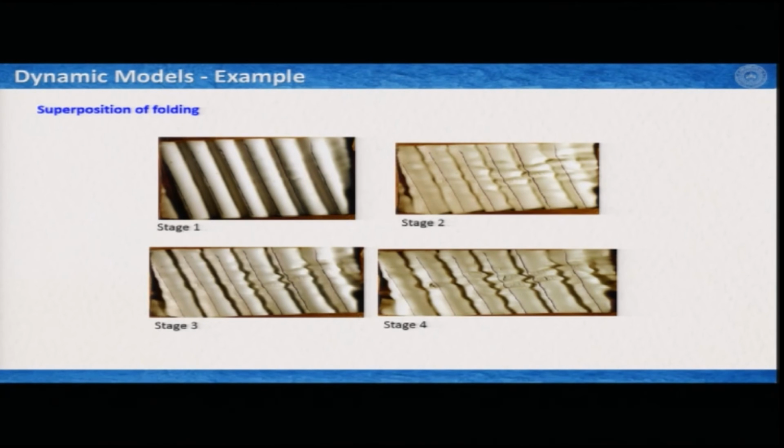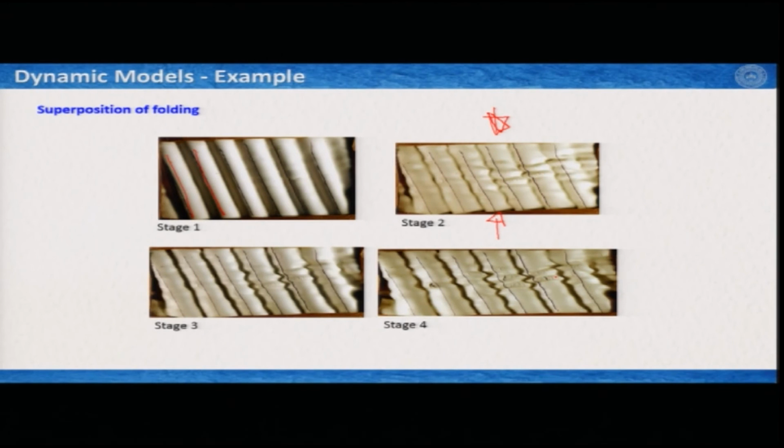What we see in stage 1, we have prepared one set of folds here, where you can see the folds, and these are the hinge lines of the fold marked by the black lines. Now, the folds are at an angle, and then if I compress it, this is what we have done, then we see some tiny folds coming up.